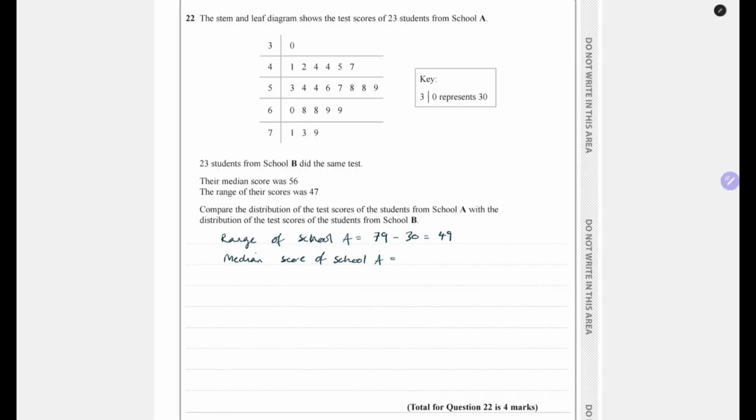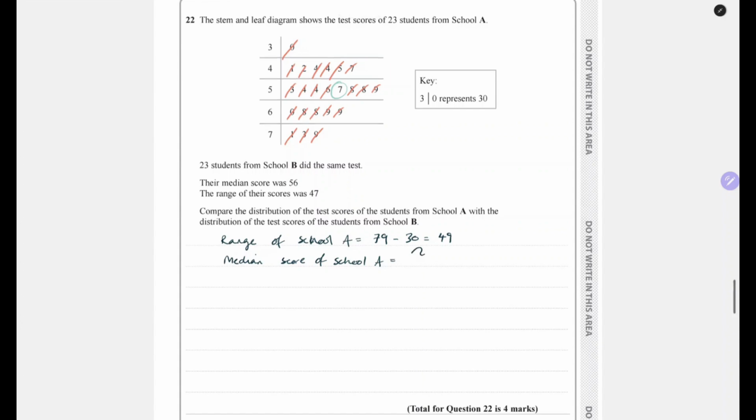We'll eliminate each number from each end until we get to the middle number, like so. Keep following, I missed one there. From each end until we get to the middle number, which is, in our case, 57. So the median score of school A is 57.